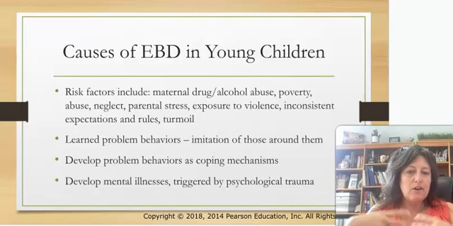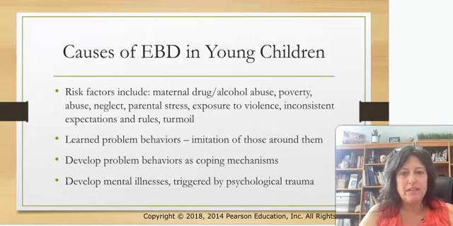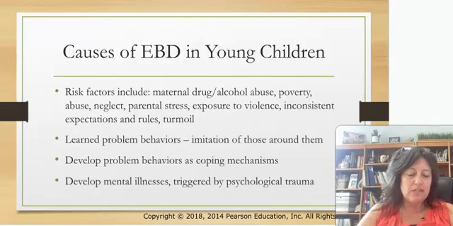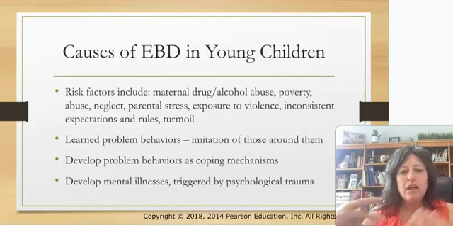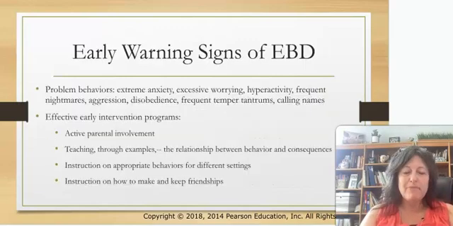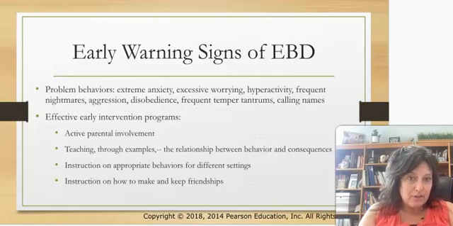A lot of these are going to be learned problem behavior because they're imitating those around them. And some students will develop problem behaviors as a coping mechanism because of the stress that's occurring in their lives. And some of them will have mental illness, which is triggered from different psychological trauma. So how do we identify this at an early age?